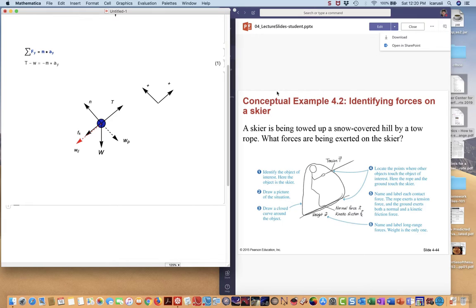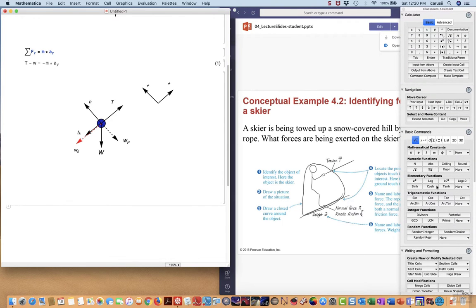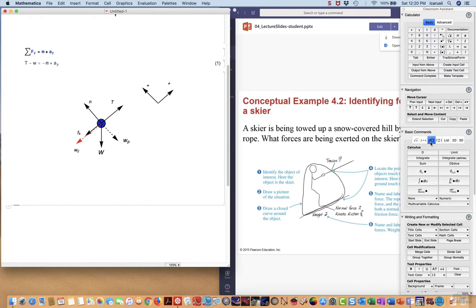Therefore, we apply Newton's first law in the form of sigma F equals 0. Now, this is the vector form. We can't use the vector form because that's too hard. So we're going to go ahead and break it up into components.